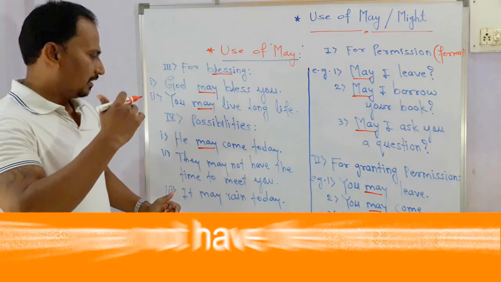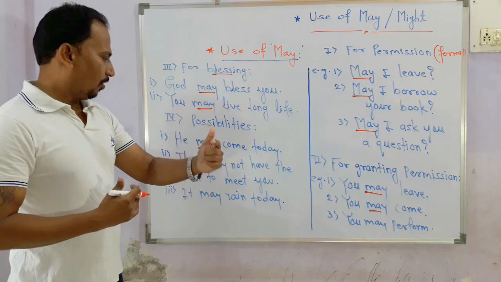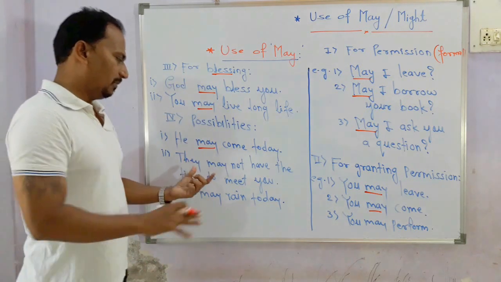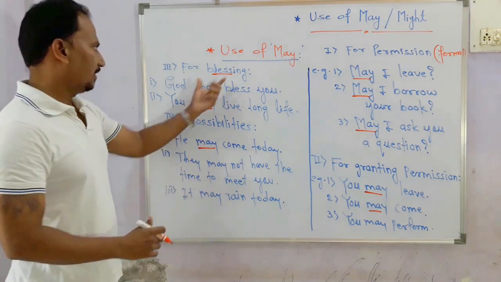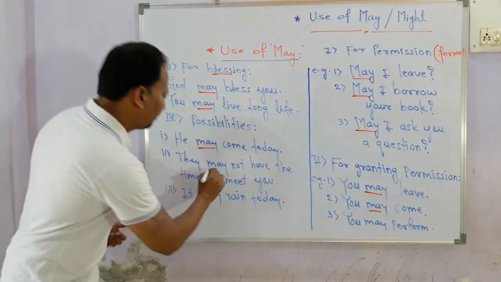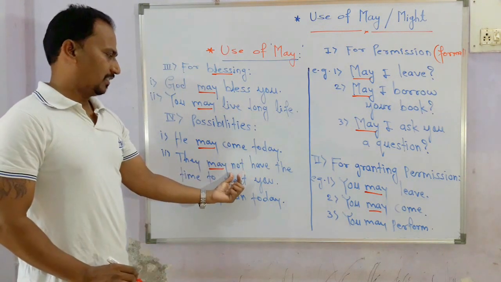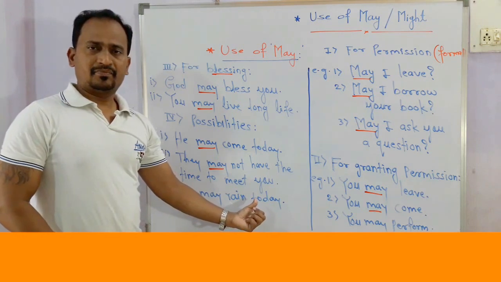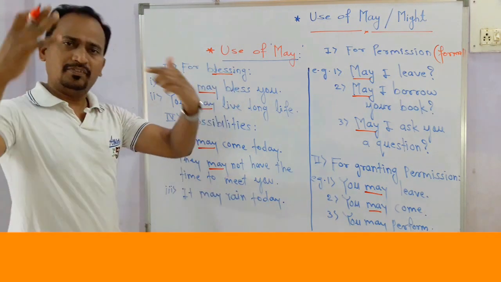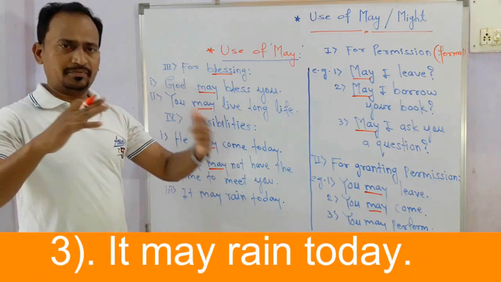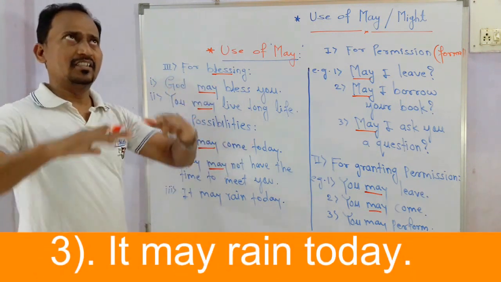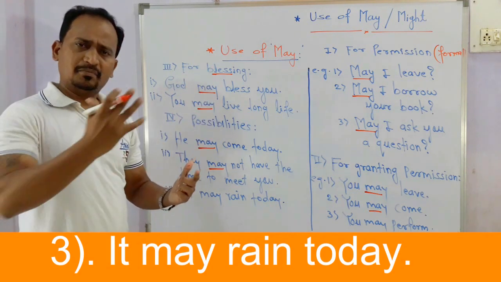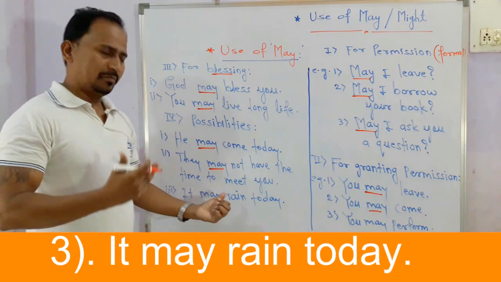So, if you want to indicate possibility, may is used here. It is a negative form of sentence. It may rain today. I mean, there is a possibility of rain today because of the weather and climate. There is a cloudy sky, we can say, and it is possible that there may be rain.